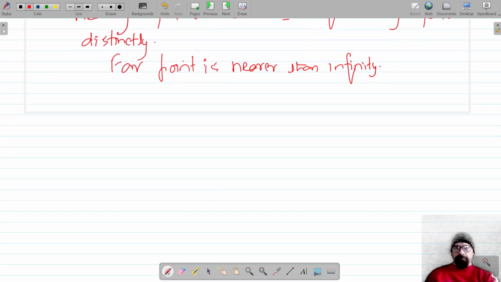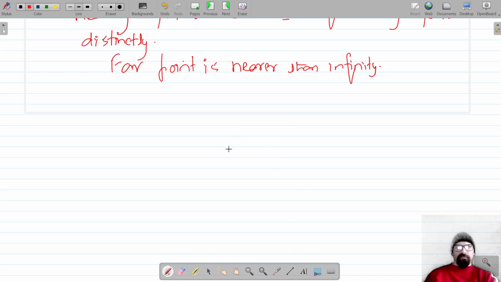Now, the far point means the maximum distance up to which we can see an object, which is infinity. Here the far point is nearer than infinity. So I'm going to draw a ray diagram.